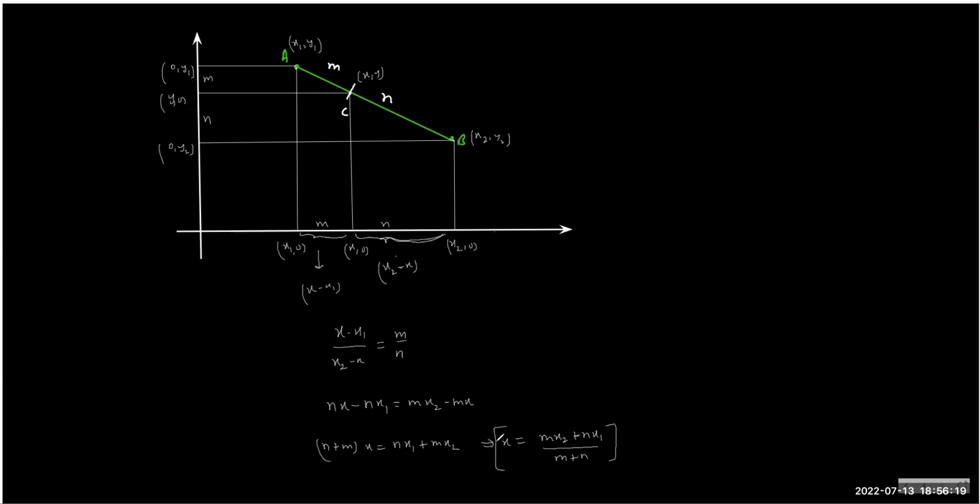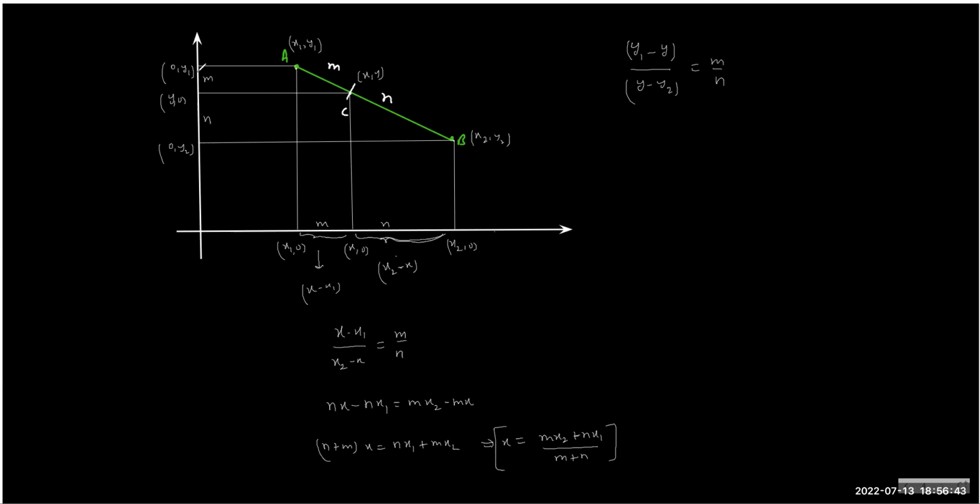Similarly, I can show you for the y-axis also. So how can you write for the y-axis? y1 minus y upon y minus y2 is m is to n. Can I write like this? Just let me know, yes or no. The length ratio.